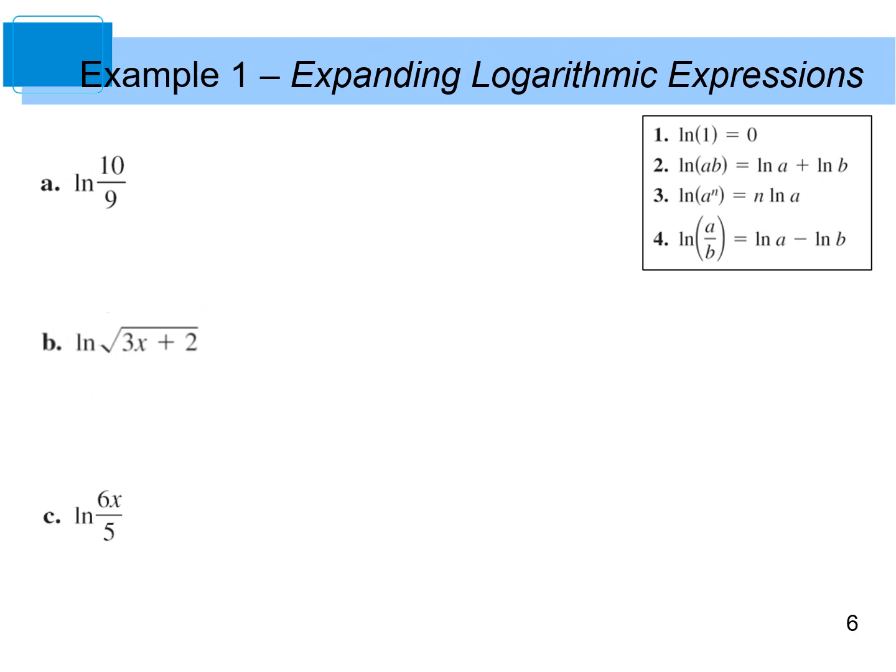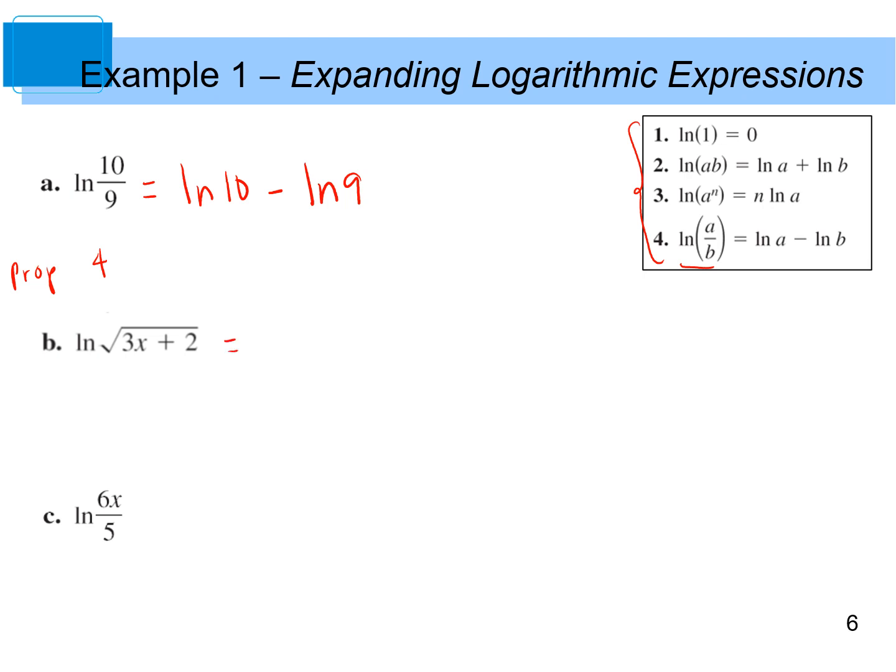So let us try expanding several logarithmic expressions. Let us use the following properties. If you have the natural logarithm of 10 over 9, we can apply property 4. That is, we separate this into the natural logarithm of 10 minus the natural logarithm of 9. So we use property number 4. Next, we have the natural logarithm of the square root of 3x plus 2.